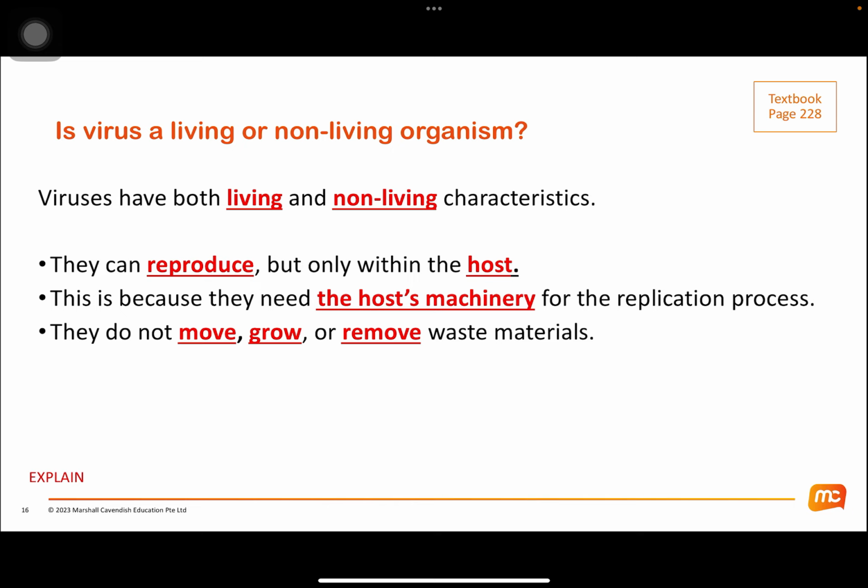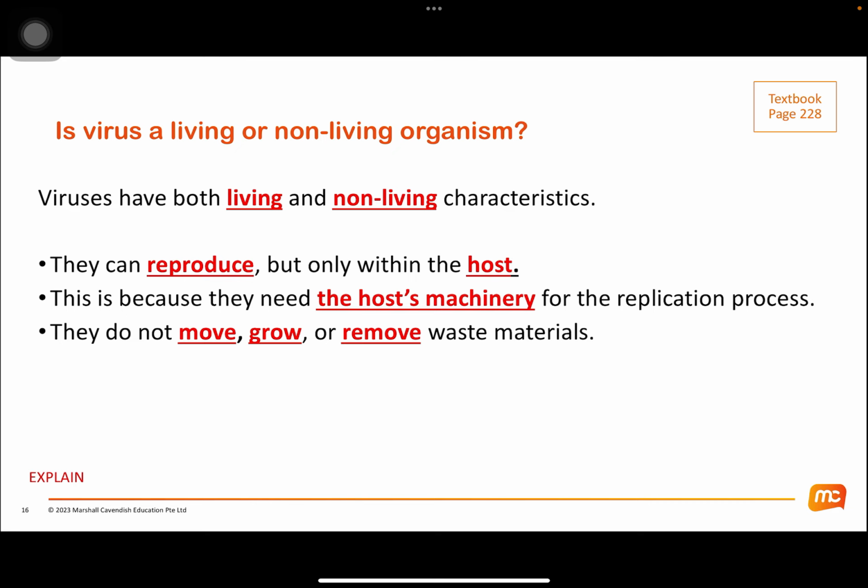Like we have seen examples of how viruses can make copies of themselves. However, this can only be done within the host. So some literature argues that viruses can be considered a living thing because of their ability to reproduce. However, some literature argues that viruses are non-living because they need the host machinery for the replication process.